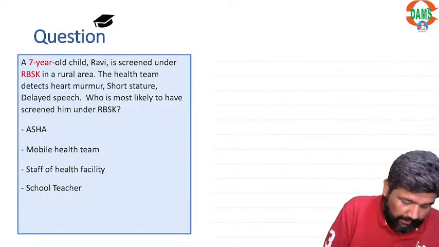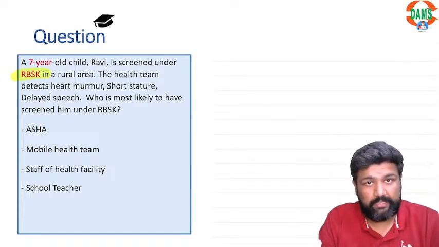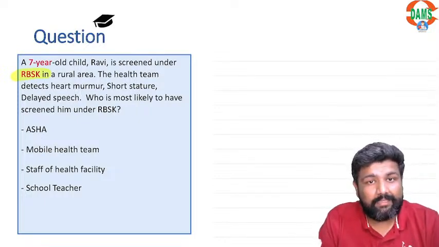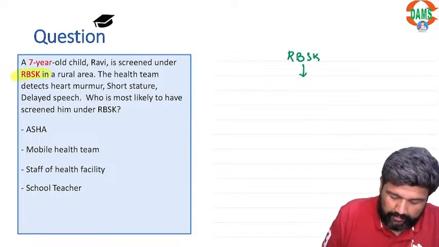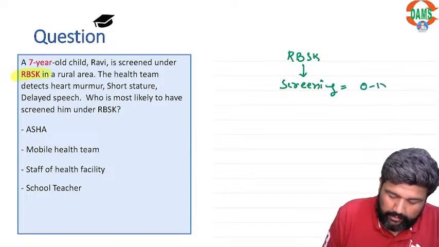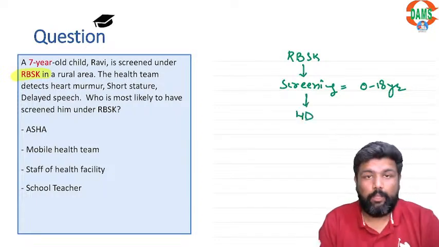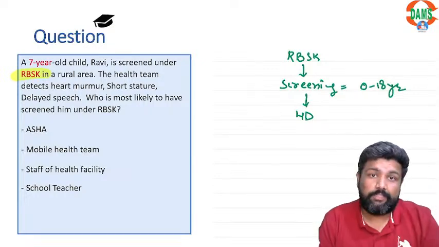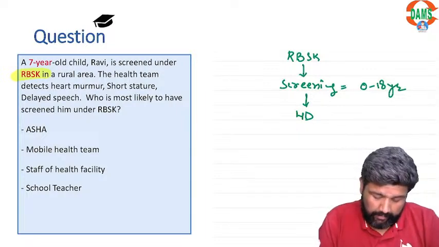Guys, this is important. I have discussed it in every face-to-face class and in my DAMS back to basics videos. Now, who is responsible for RBSK? In RBSK we have to screen the 0 to 18 year group. What are you going to screen? The 4Ds: disease, deficiency, defect, delay. They are not the same as the 4Ds of pellagra.